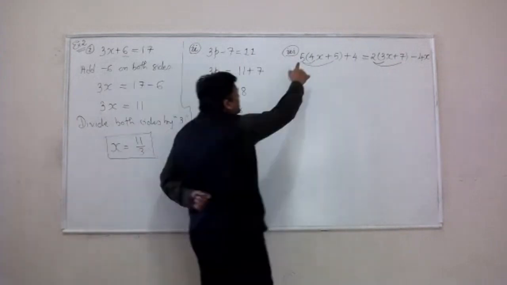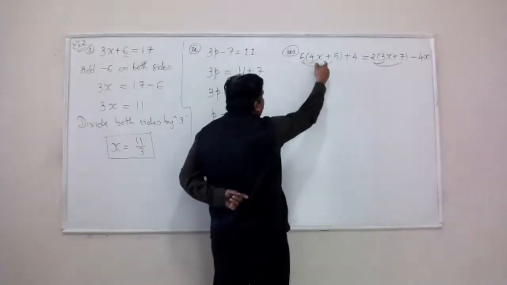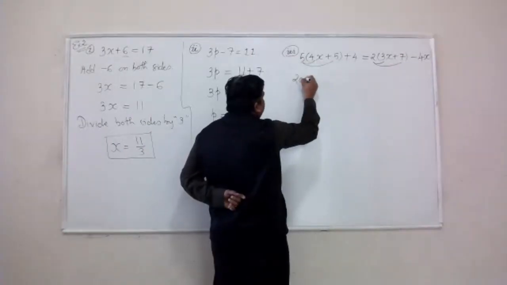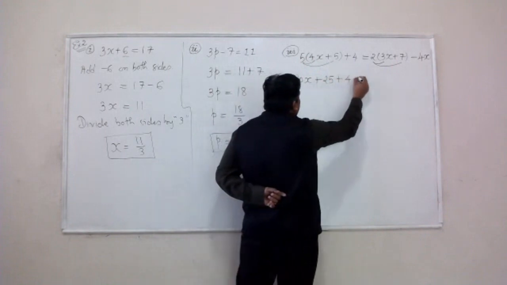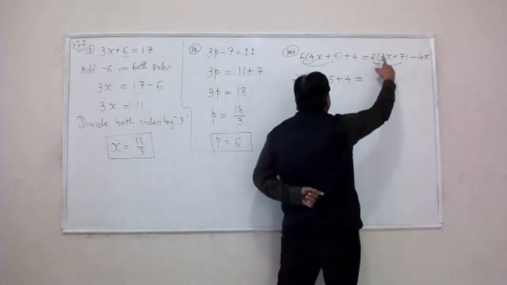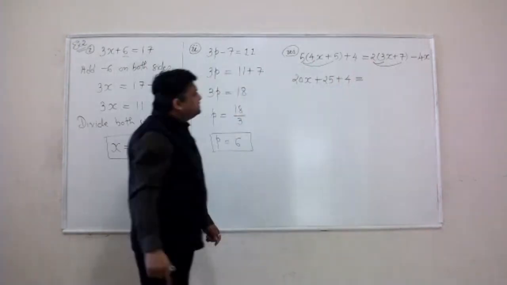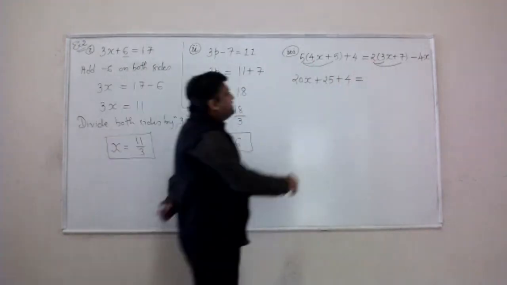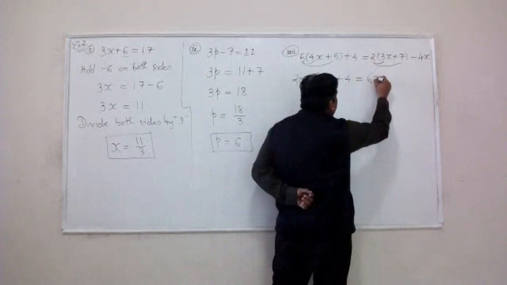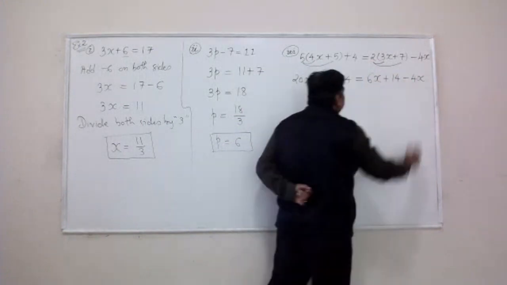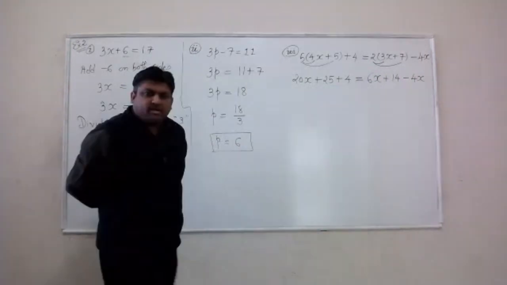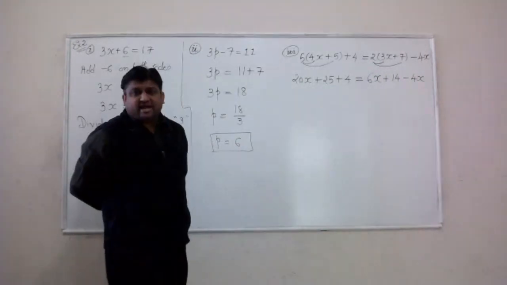If you distribute 5 over both terms, you get 20x plus 25 plus 4. If you distribute 2 over both terms, I get 6x plus 14 minus 4x. All right, we need to simplify the like terms.